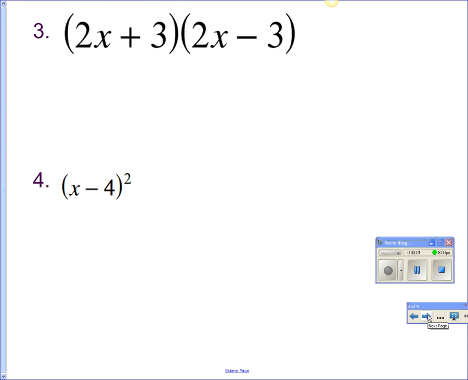All right, number 3, 2x plus 3 and 2x minus 3. All right, Ethan H, help me start it. It's not 2x squared. 4x squared, good.